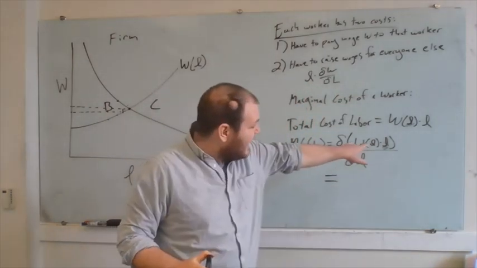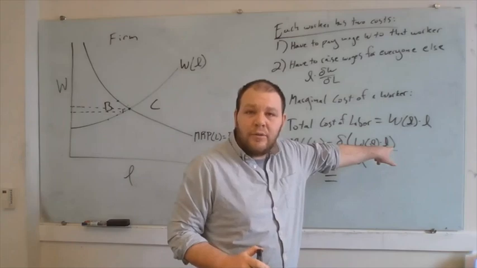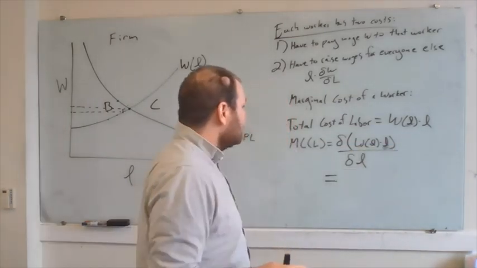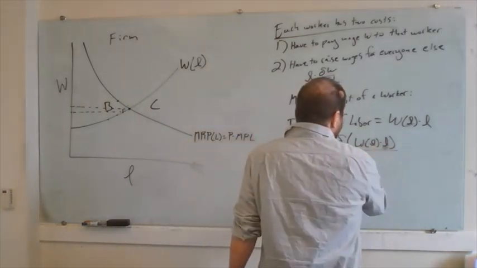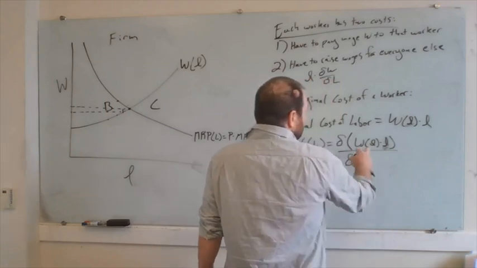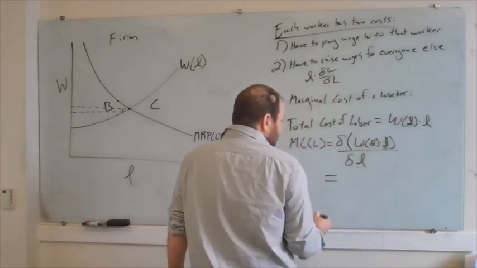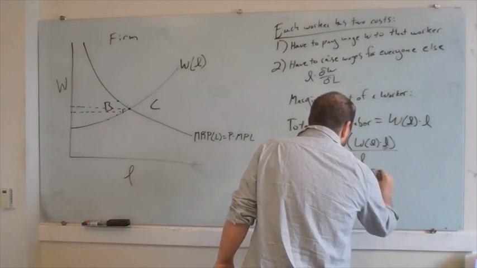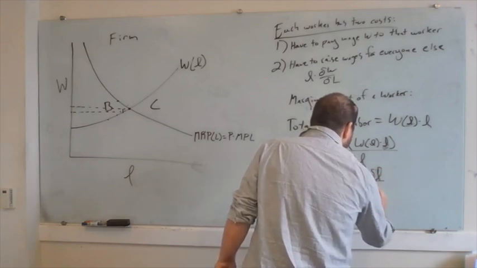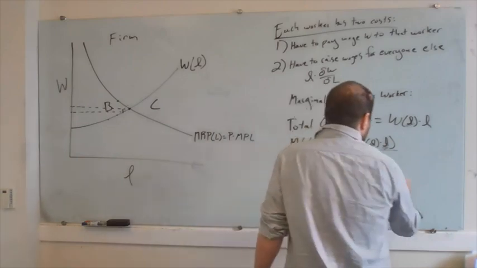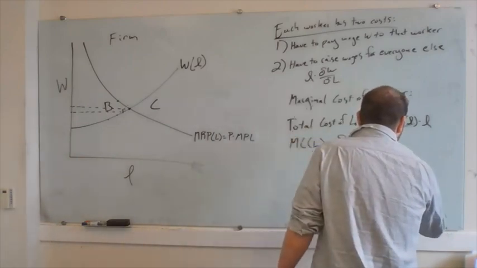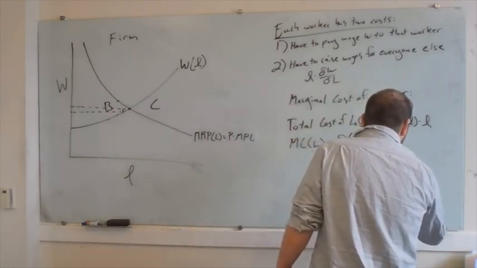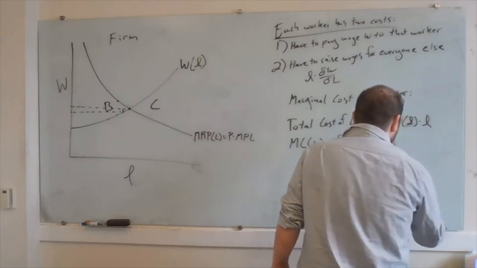Now, we can figure this out just using the product rule, right? So the product rule is going to tell us I've got W of L times L, derivative of this with respect to L. It's just going to be W of L times derivative of L with respect to L, plus derivative of W with respect to L times L, right?